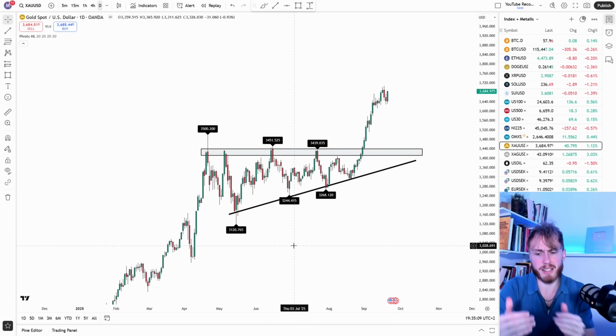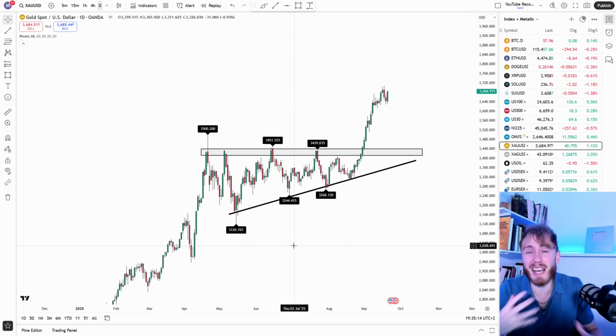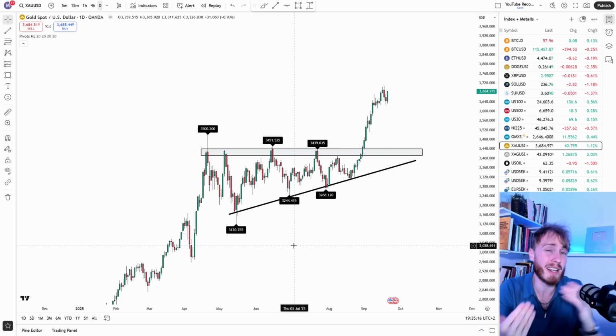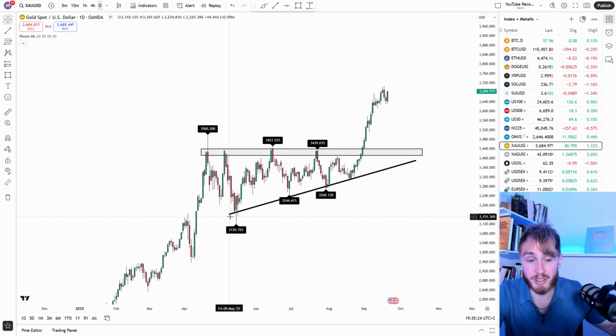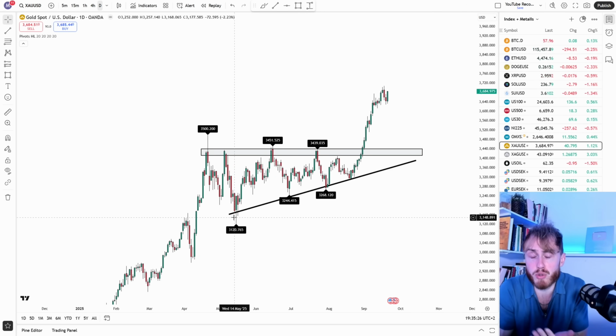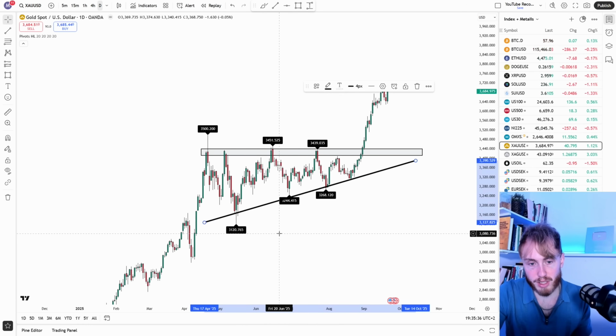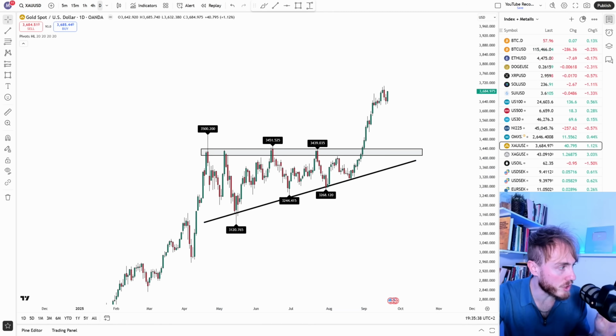They are more often sort of broader areas, and it's usually not the end of the world if you draw them a little bit incorrectly. The most important part, in my opinion, is that you are consistent when you draw them. You need a sort of method that, maybe you always draw from wick to wick, or maybe you only use candlestick bodies.